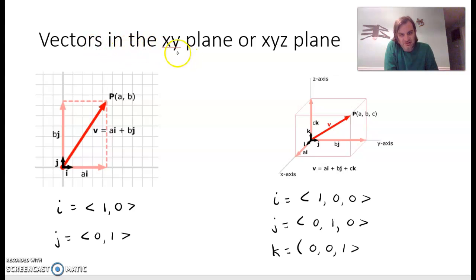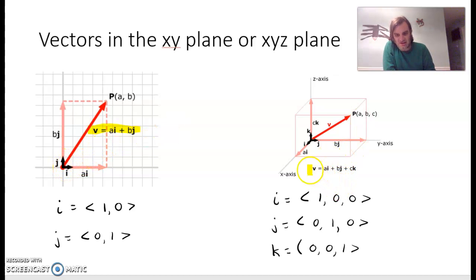So vectors in the XY plane, over here on the left hand side we have the two-dimensional XY plane, and generally we can make vectors a linear combination of the I and J vectors, unit vectors, with I being 1, 0 and J being 0, 1, basically I going in the X direction and J going in the Y direction.